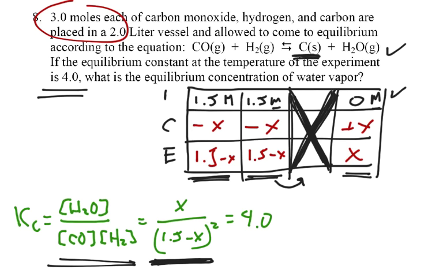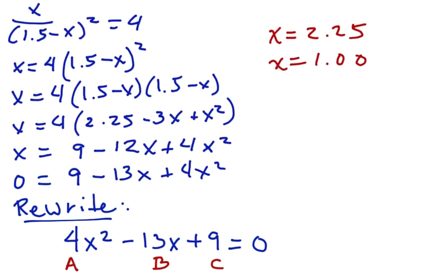So I'm going to just go to the next page. So I started off here's the expression. I just copied this from the other page. And now I'm going to move my denominator from one side to the other side. I separated it out into 1.5 minus x times 1.5 minus x.